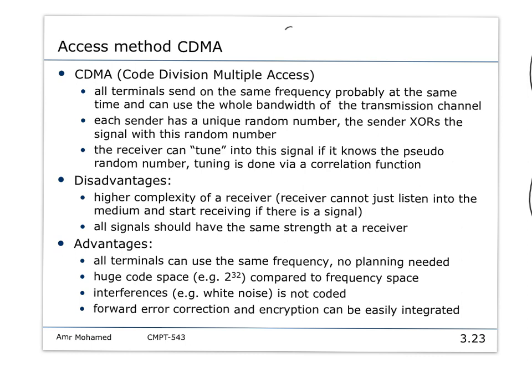Right, okay. So the advantage is that we can work concurrently, we can send at the same time, at the same frequency, and also remember we have a very large space. Of course, we cannot use all the vectors in this space because we have to fulfill the two conditions. If we have 32-bit long vectors, we can generate up to 2 to the power 32 different codes.